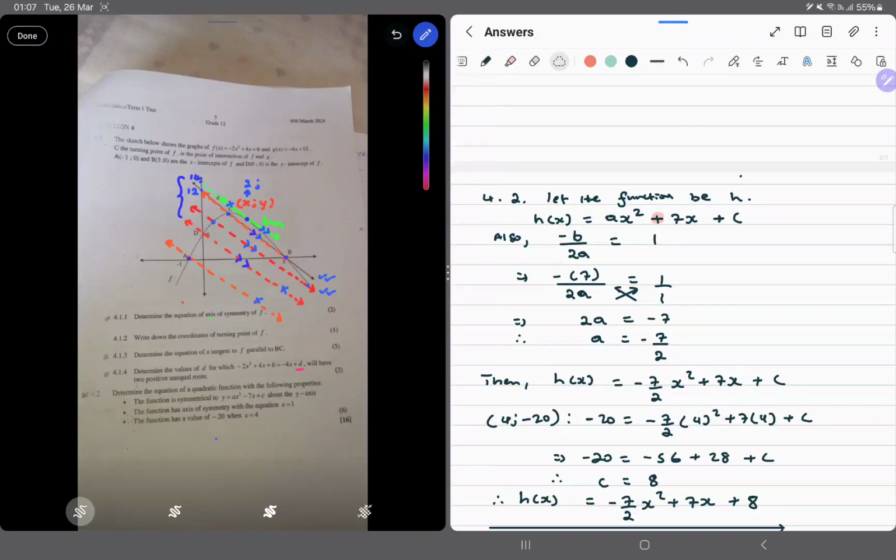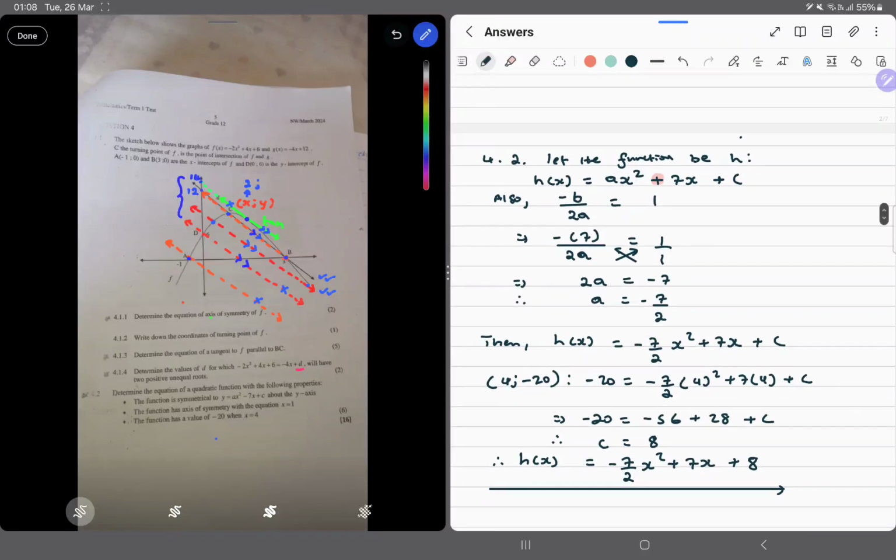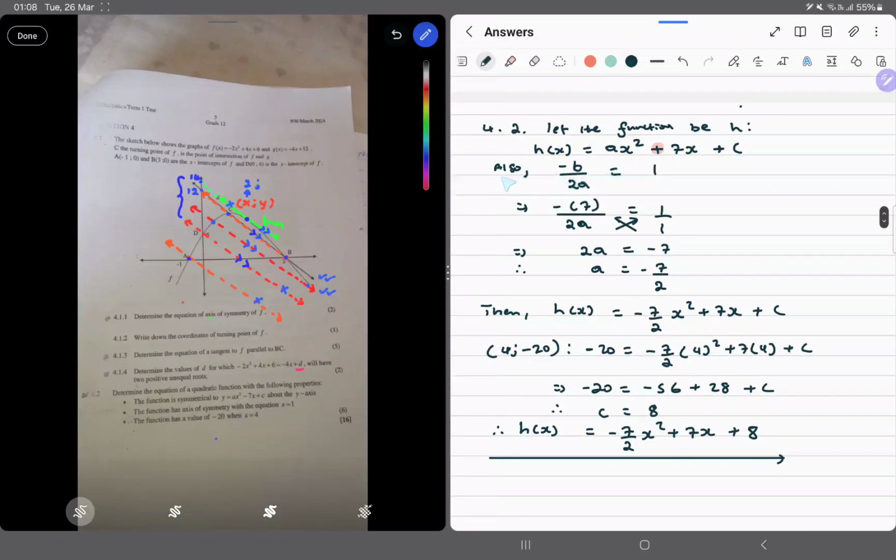So you let the function be h such that this h of x changes the sign of the middle term when this is a horizontal reflection. And then we use all the properties that we were given. Okay, so that's it. That's it, guys.